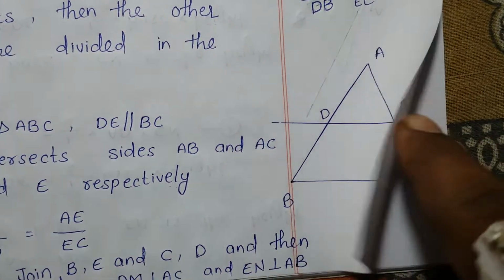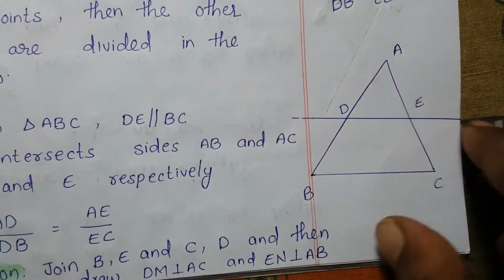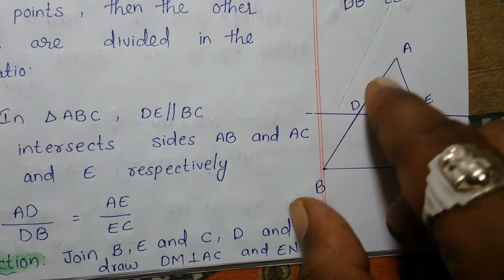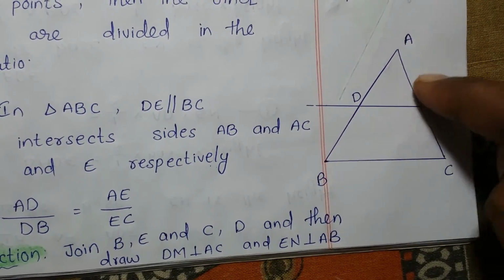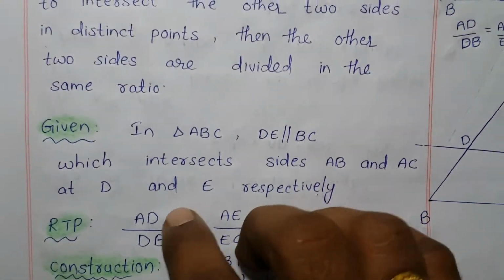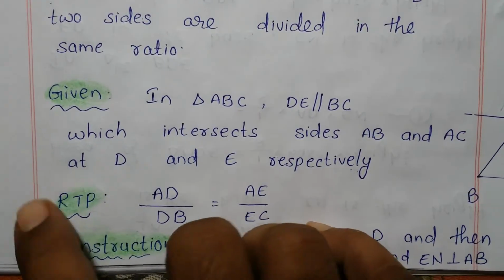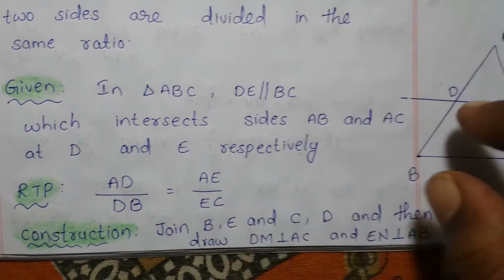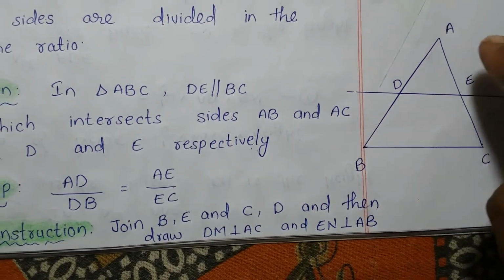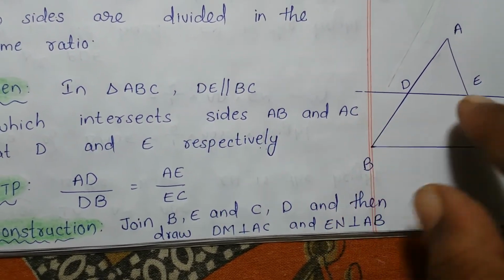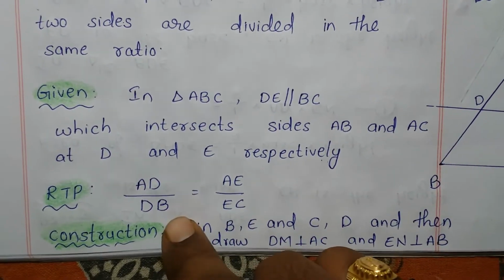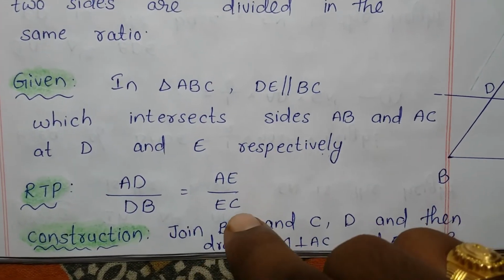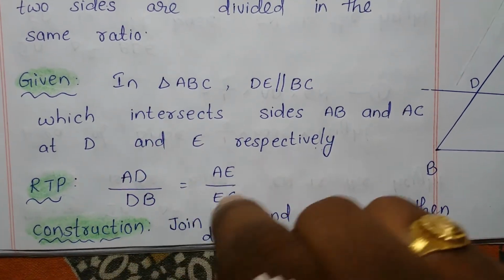So DE is parallel to BC and this parallel line intersects the side AB at D and the other side AC at E. And required to be proved: what we have to prove? We have to prove that this line DE divides the two sides AB and AC in the same ratio, that is AD by DB is equal to AE by EC. This we have to prove.